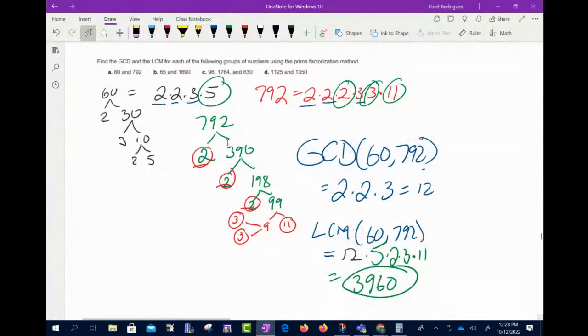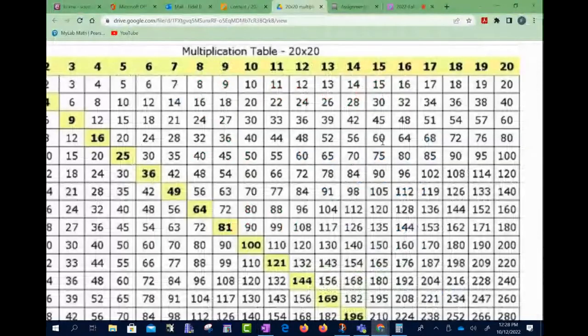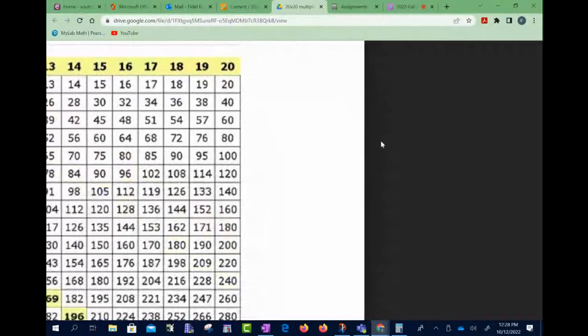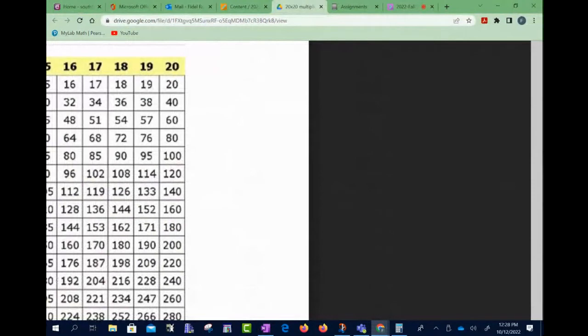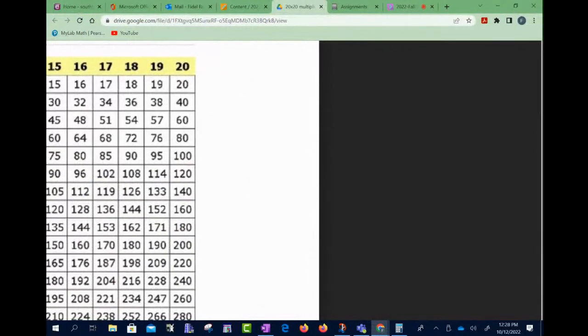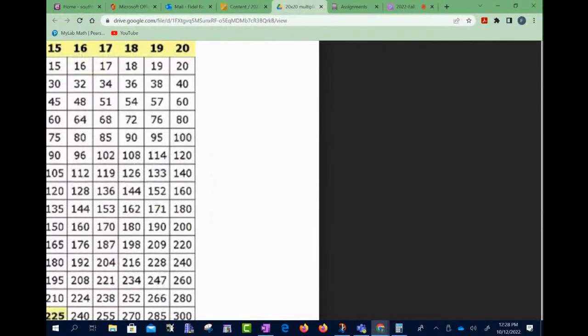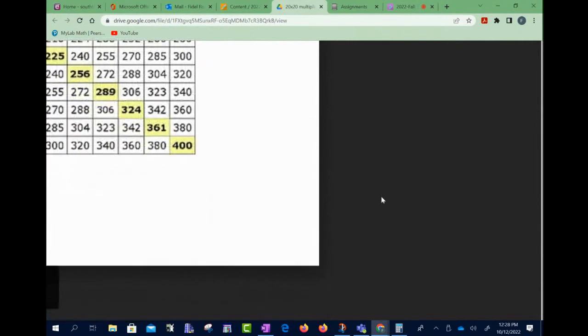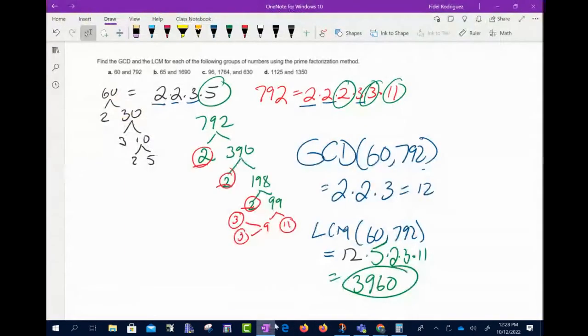What we just did right now, y'all, for 60 and 792, if my multiplication table had the number 60 somewhere over here, and it had the number 792 way down there, further to the right, when we would start to scroll down to find the first number that we would have in common, the first number we would have in common wouldn't be until 3,960. That would be the first one we have in common, okay?